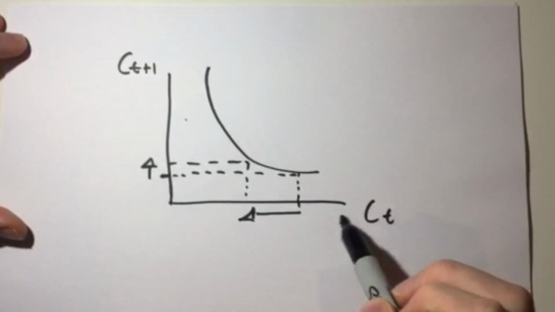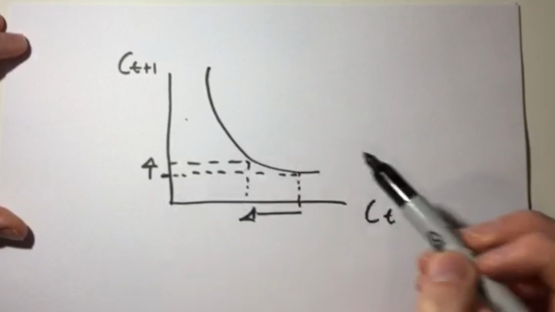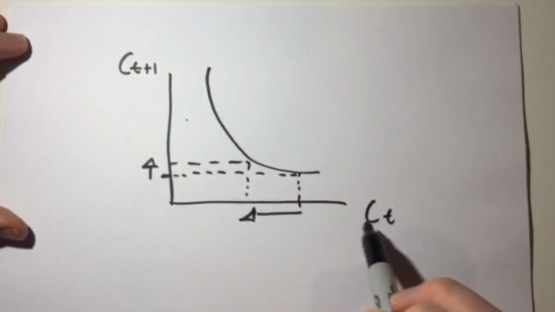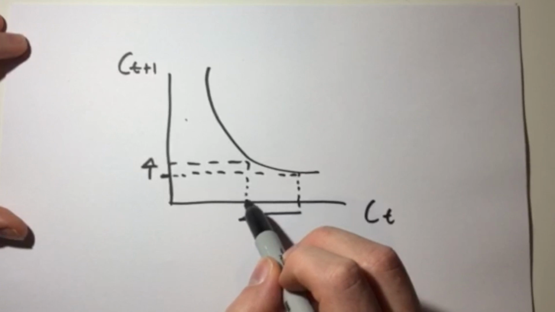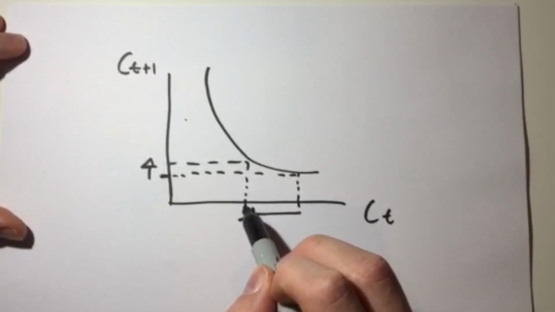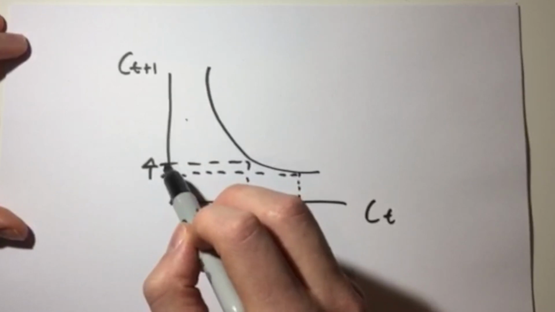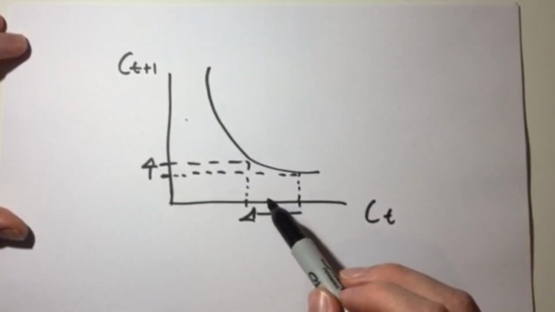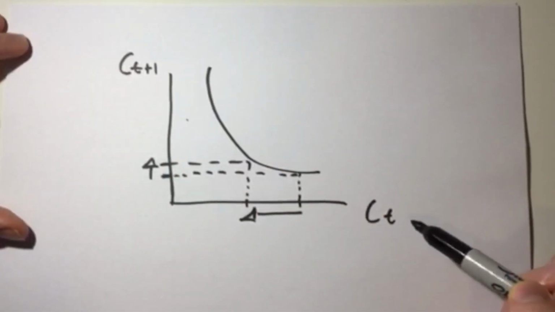So as we can see here, we have a lot of CT, but not much of CT plus 1. It's down here. At this point, we're willing to give up a lot of CT. Just moving from here to here, we're giving up a lot of CT just to gain a small amount of CT plus 1. That's because we don't have much of CT plus 1 and we have a lot of CT.